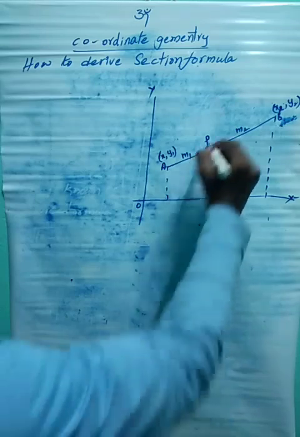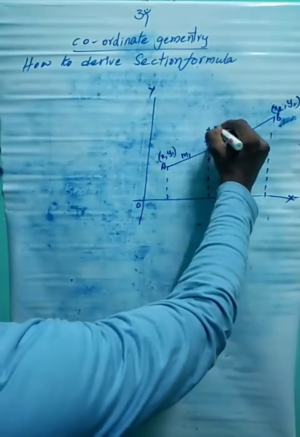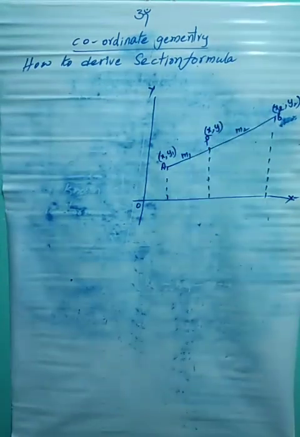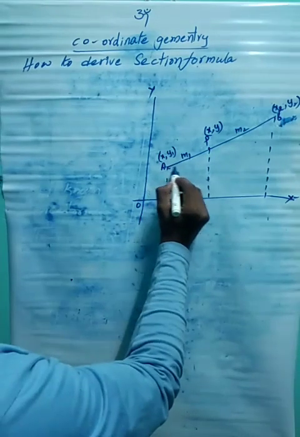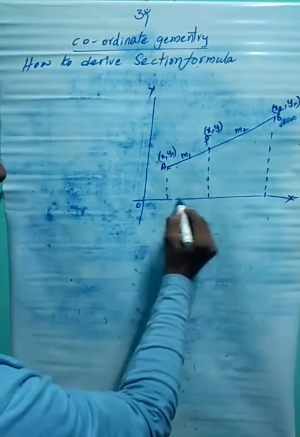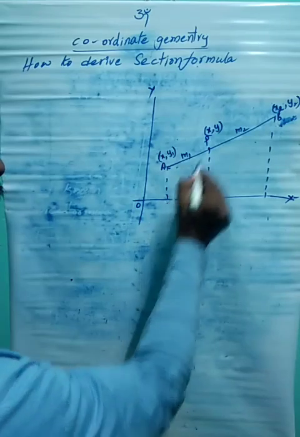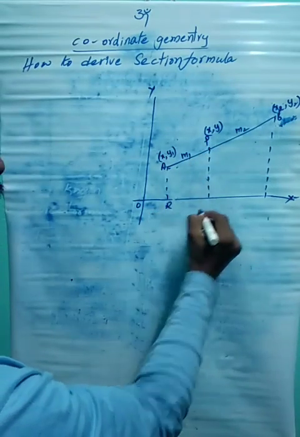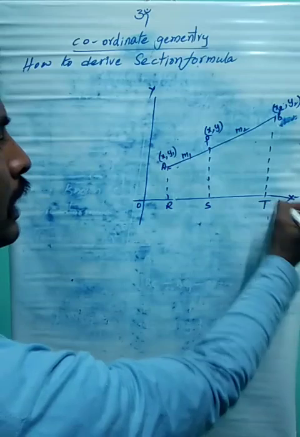Let us assume the point P has coordinates x, y. I am drawing perpendiculars to the x-axis from the points, and let us take the feet of the perpendiculars as R, S and T.